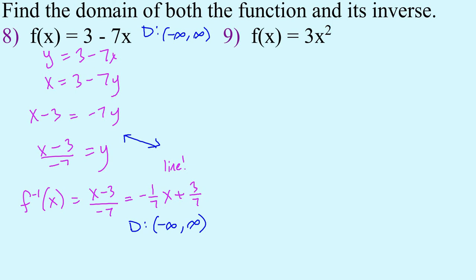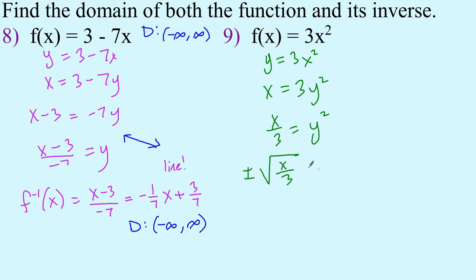Now, for number 9, we have y equals 3x squared. So we get x equals 3y squared. Divide by 3. Ooh, that is a rough looking 3. There we go. The opposite of squaring is square rooting, but when we do that, we have to put plus or minus. So that's our inverse function, but we need to rationalize that.